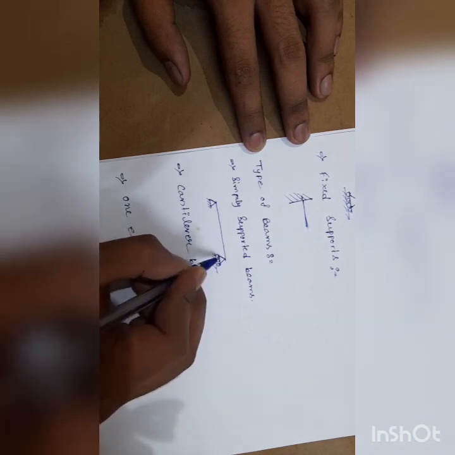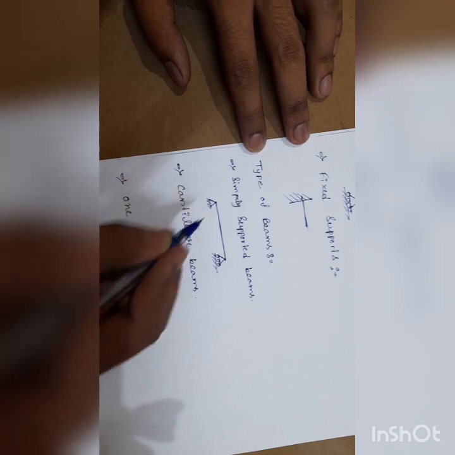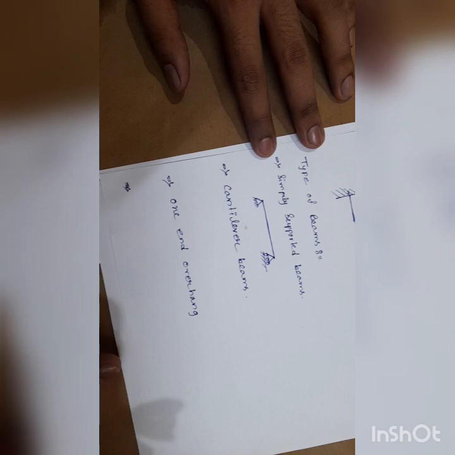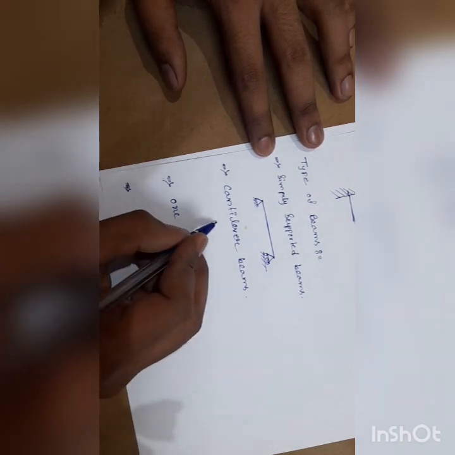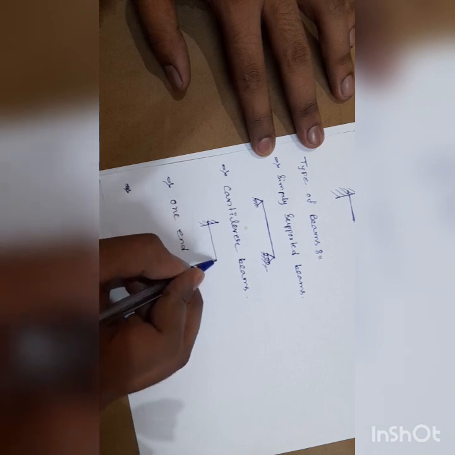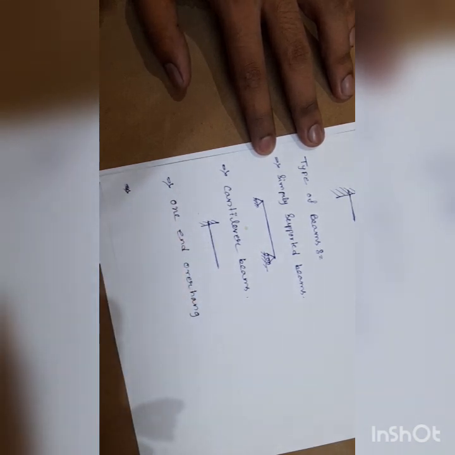One hinge support and one roller support make a simply supported beam. Okay. Now second one is cantilever. For cantilever, one end is fixed, that is like that, and the other end is fully free. This type of beam is known as cantilever beam.